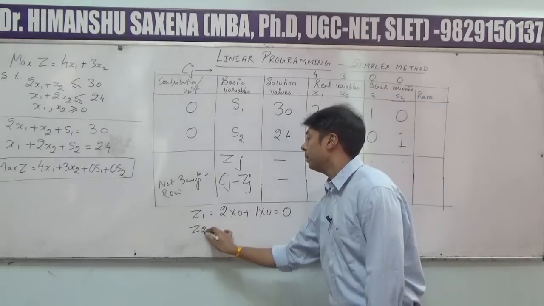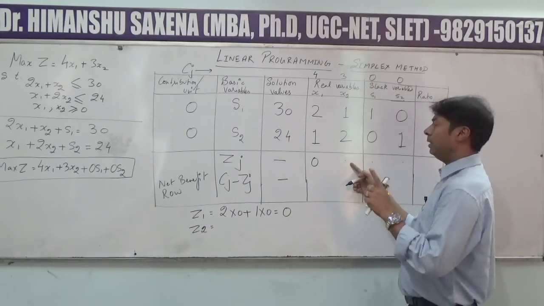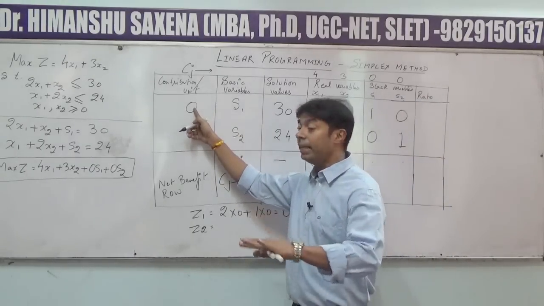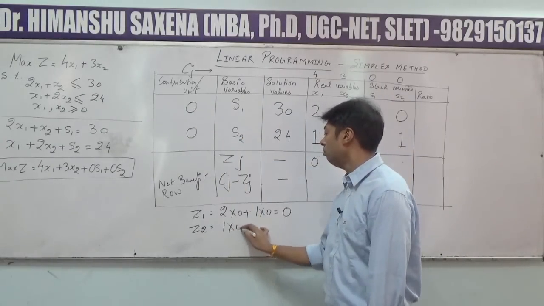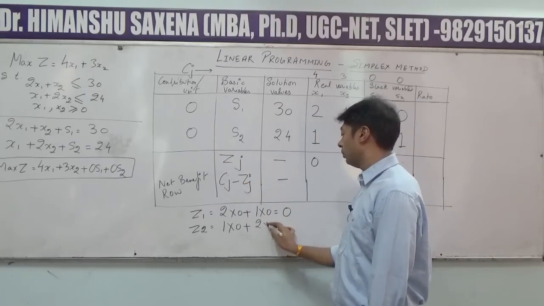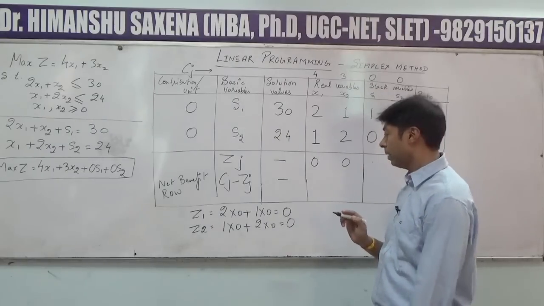Z2 is representing Z for the second column. Please see, 1 will be multiplied by the profit which is right in front of it. So 1 multiplied by 0 and 2 multiplied by 0 is going to give you 0 again.